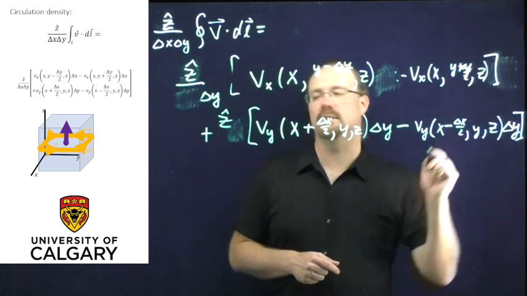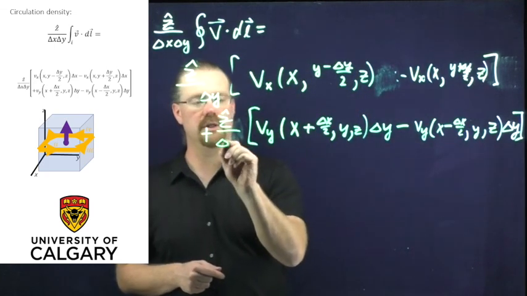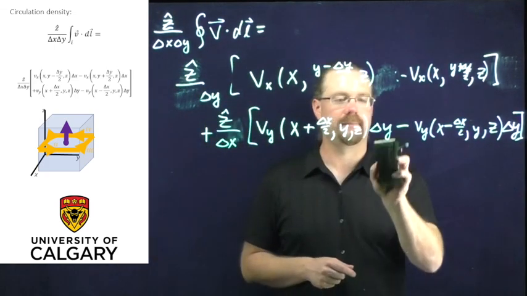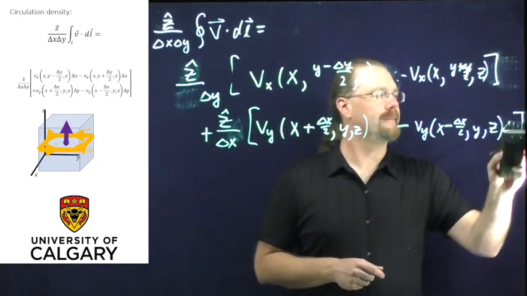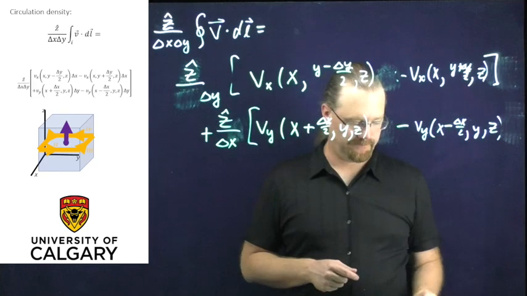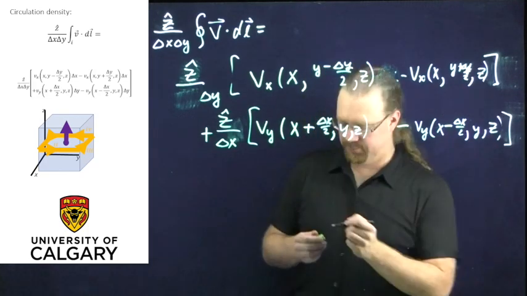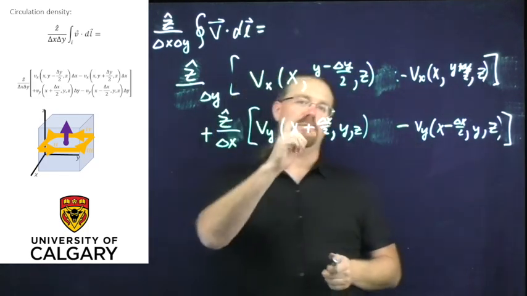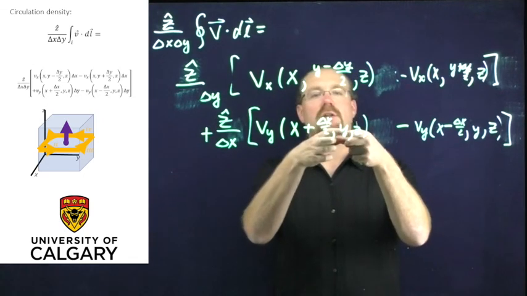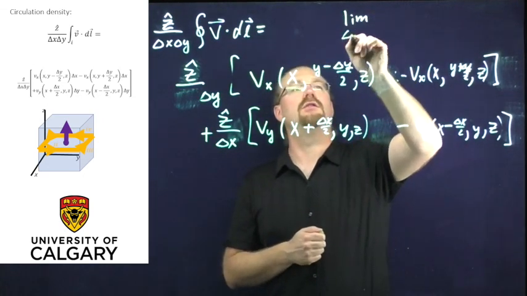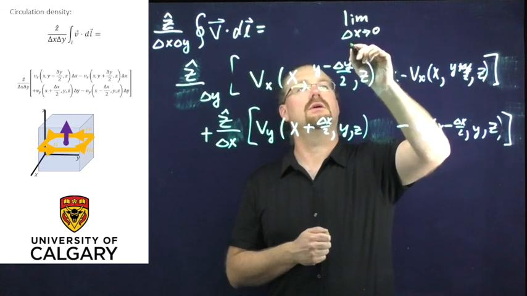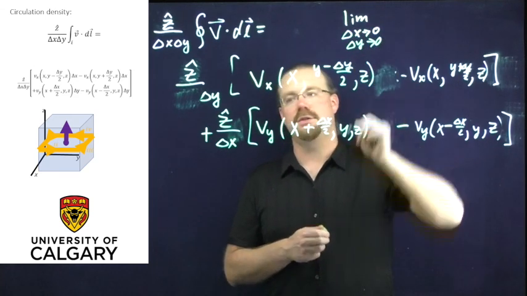And this delta y and delta y cancel out, leaving us with a delta x. Now, as I promised, we're going to take a smaller and smaller square. So we're going to take the limit as delta x goes to 0 and delta y goes to 0.